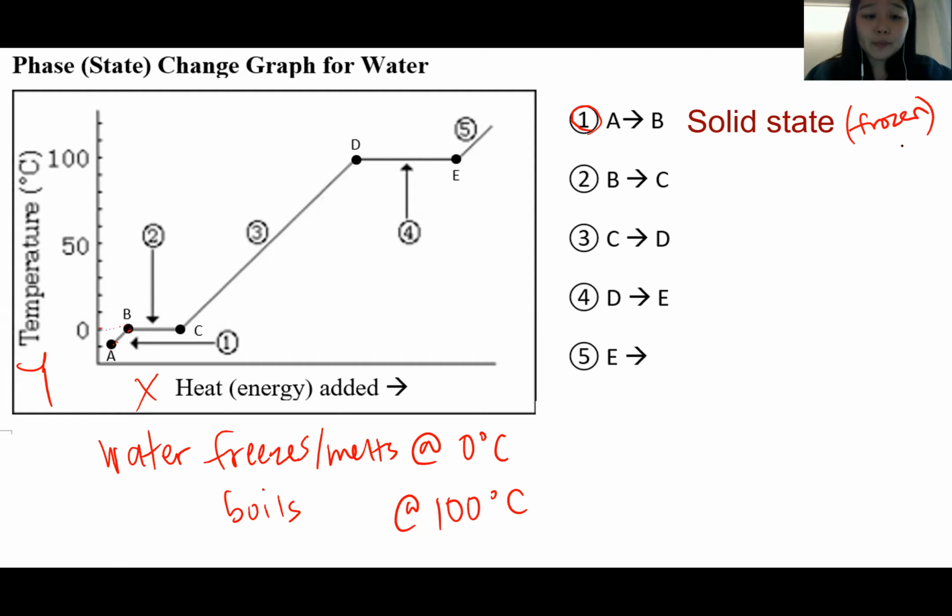So that's number one. Number two, from point B to C, is just a flat slope, right? There's no change in temperature. It looks like point B to C is just 0 degrees Celsius, so that means water is starting to freeze or starting to melt. But if you read the graph, energy is being added from left to right. So from B to C, we're adding energy, we're adding heat.